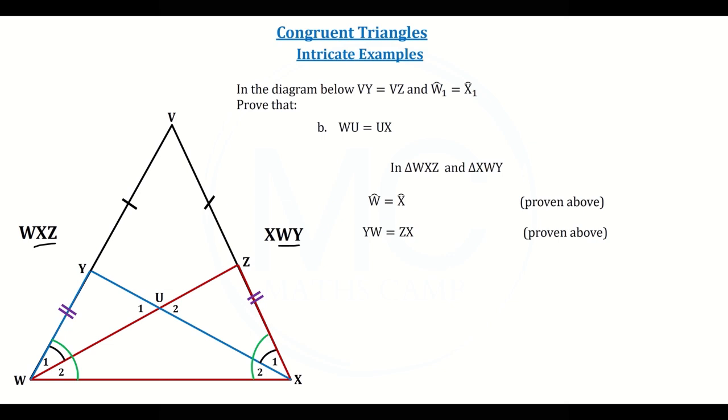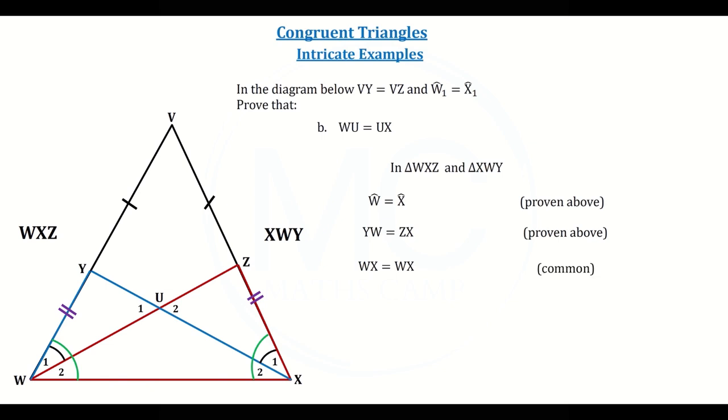Now we need one more side or one more angle. Both triangles contain the letters W and X. And in our diagram, we can see that this side over here lies in both triangles. So we can make the statement that WX is equal to side WX because this is common in both triangles.